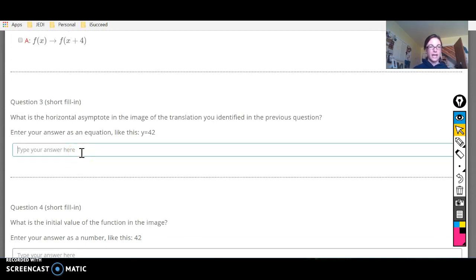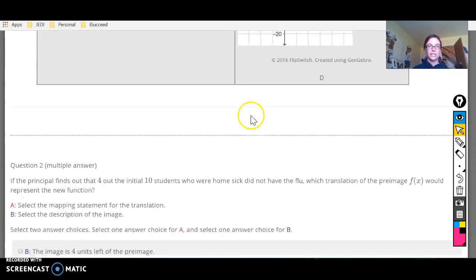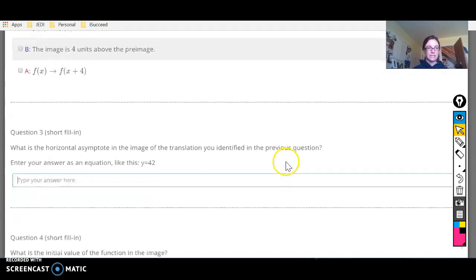What is a horizontal asymptote of the image of the translation we identified in this previous question? So let's just go quickly look at that graph. It's right here. This is the f of x minus 4 graph. That horizontal asymptote, and this is actually what we discussed in lesson 21, is there at y equals 6.